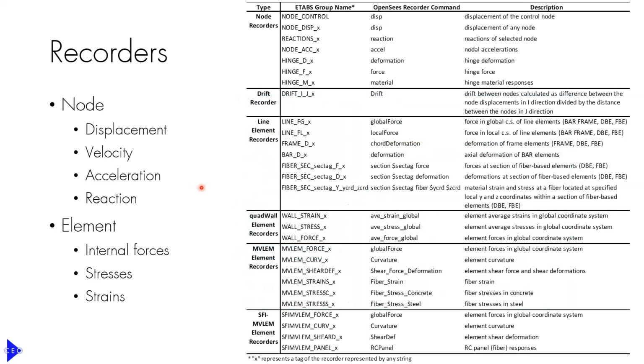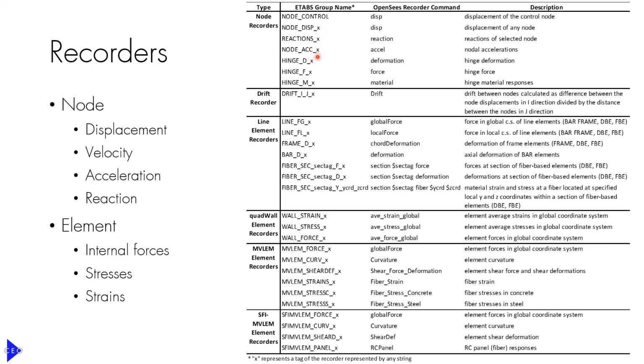And here is again a little flashcard or cheat sheet where it has all the ETABS group names and the corresponding OpenSees recorder command. So if I want to record the displacements of some node, I would say node displacement _1, for example. This X really doesn't matter what it is. It's just a flag, so you can distinguish between if I'm recording nodes at the first floor, second floor, or whatever.